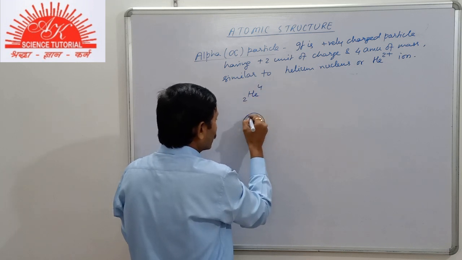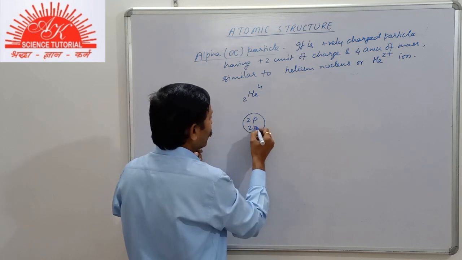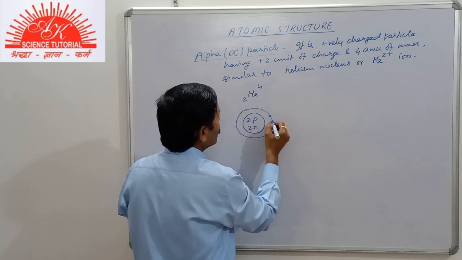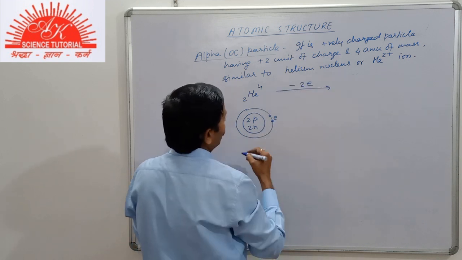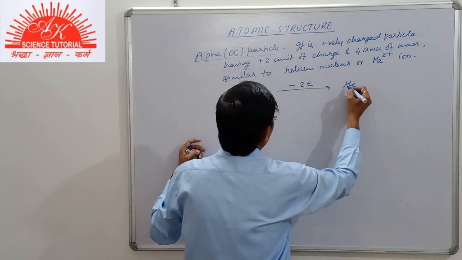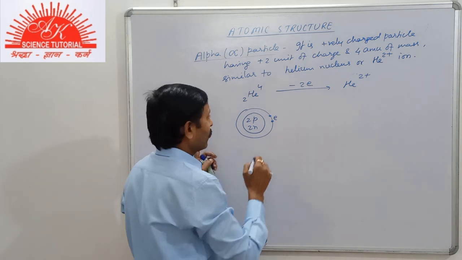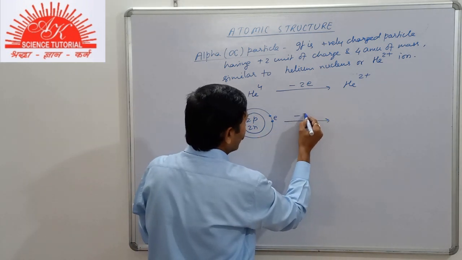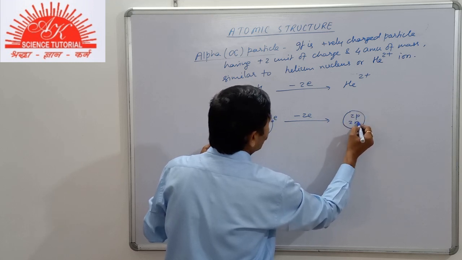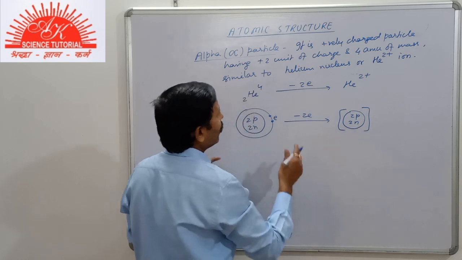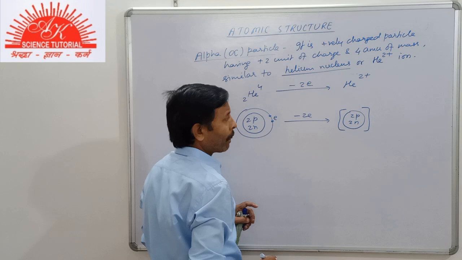If you draw its structure, although it will be studied later on in detail, 2 neutrons and 2 electrons are present here. Now suppose it loses its 2 electrons, it changes to He2 plus ion. In this case, if we take the atomic model, this part will have just 2 protons and 2 neutrons, no electron at all. Hence, it is termed as helium nucleus.